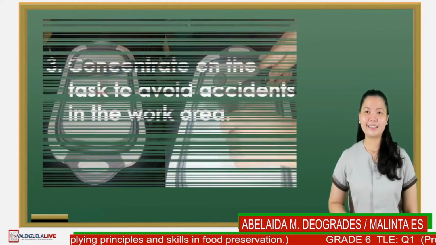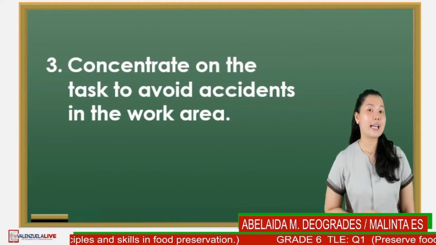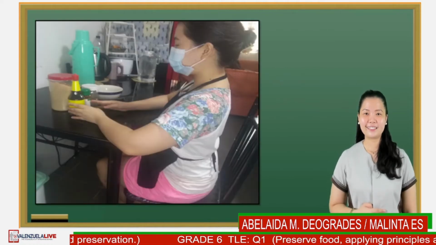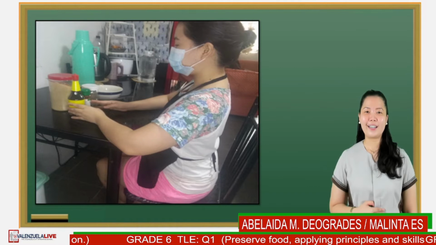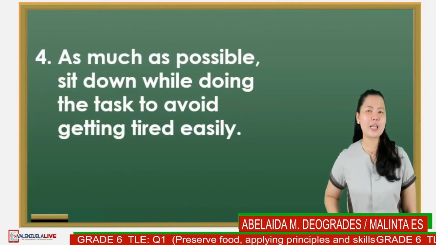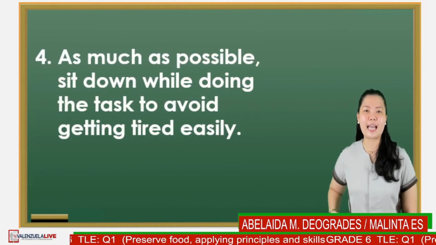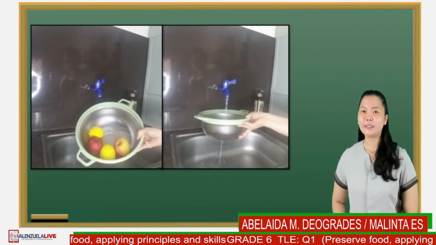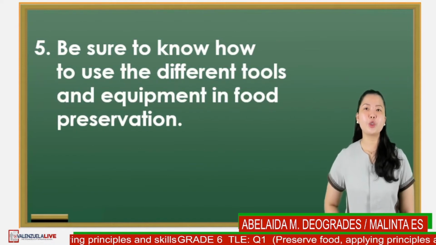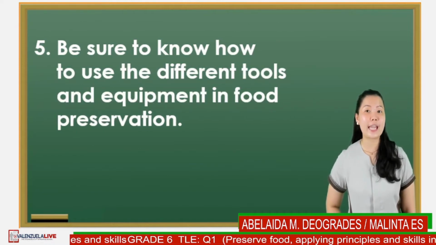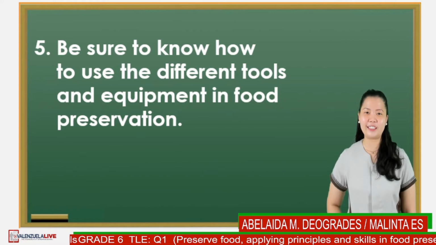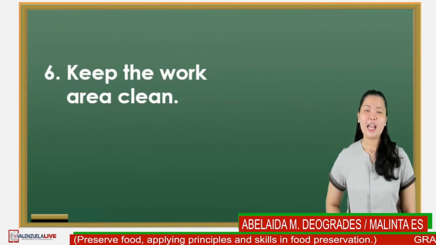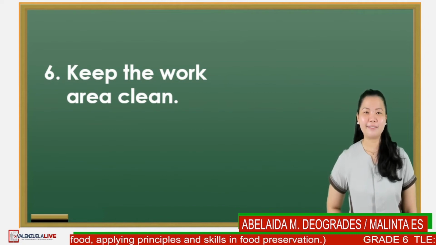Number 3, concentrate on the task to avoid accidents in the work area. Number 4, as much as possible, sit down while doing the task to avoid getting tired easily. Fifth, be sure to know how to use the different tools and equipment in food preservation. Sixth, keep the work area clean.